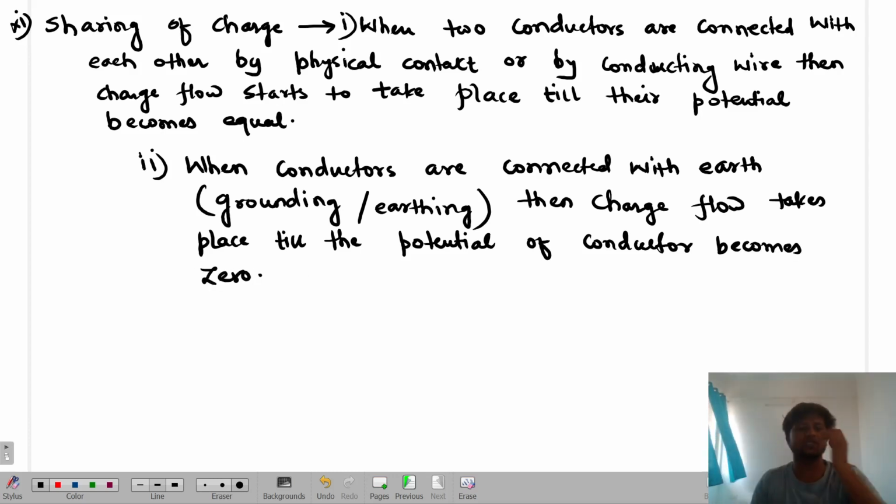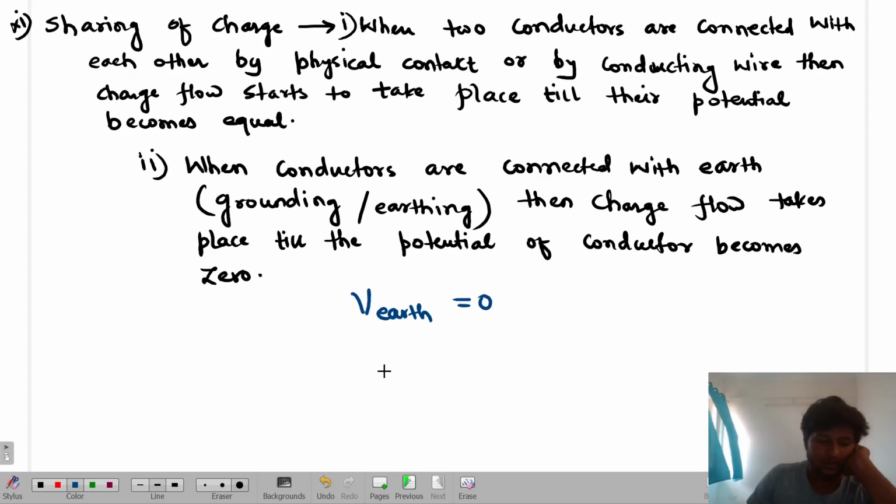Till what time will the charge flow happen? Till the potential of the conductor becomes equal to how much? Zero. Are you able to get me? The reason for this is, the potential of earth is how much? Zero. Is that clear? Potential of earth is zero.